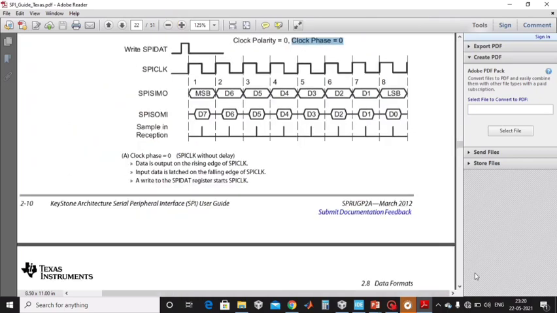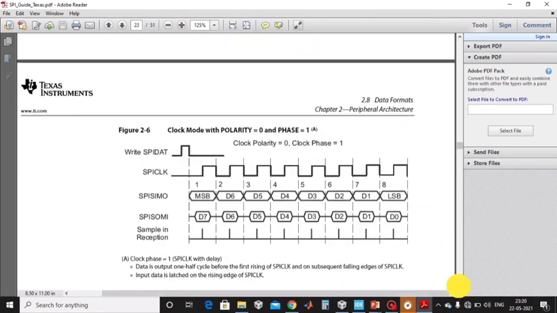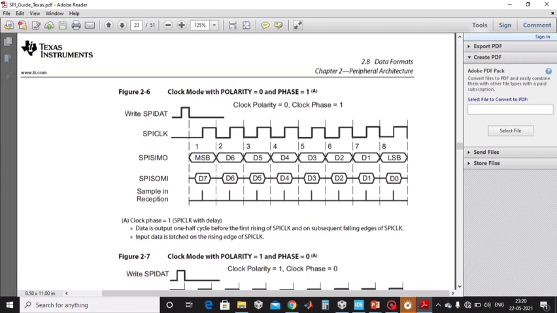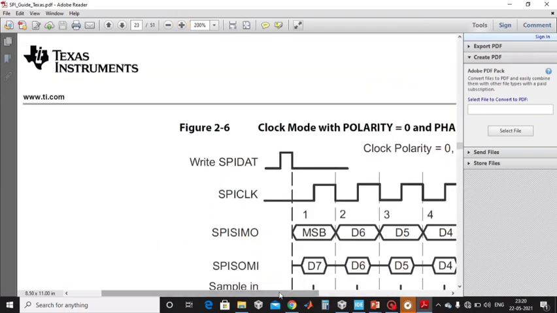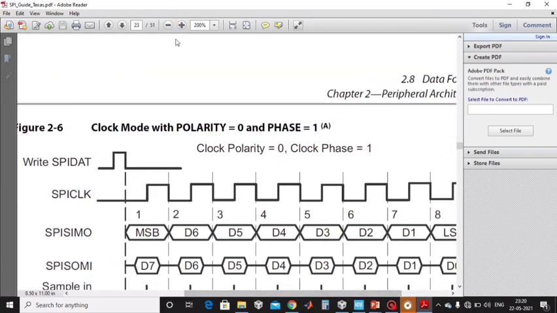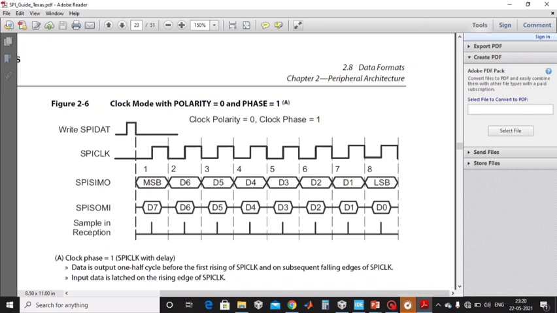Now we will talk about SPI mode 1. SPI mode 1 means clock polarity is 0, but now clock phase is 1. Since the clock polarity is 0, and I have explained that clock polarity means the default state of the clock, the clock is by default at 0 state.